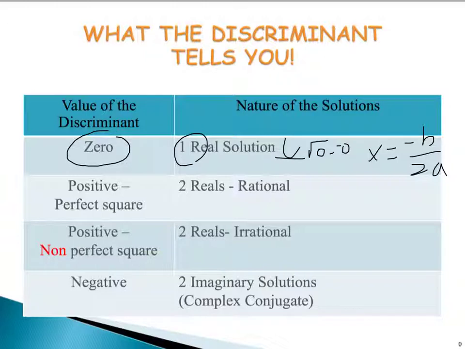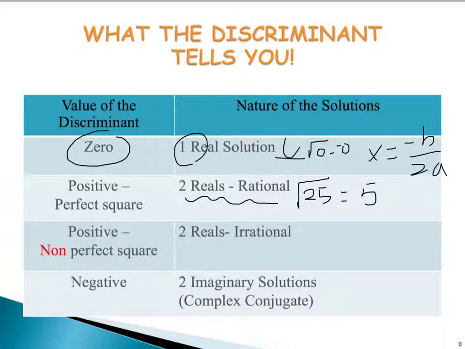When the discriminant is a positive perfect square, you're going to have two real solutions. Why? Because think about a perfect square number under the radical. It's going to be an integer, and integer over integer will be rational numbers. So you will have two real solutions.